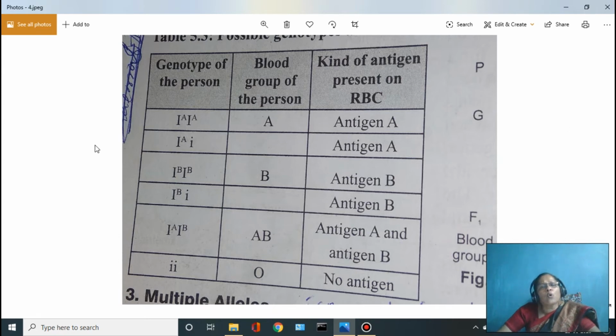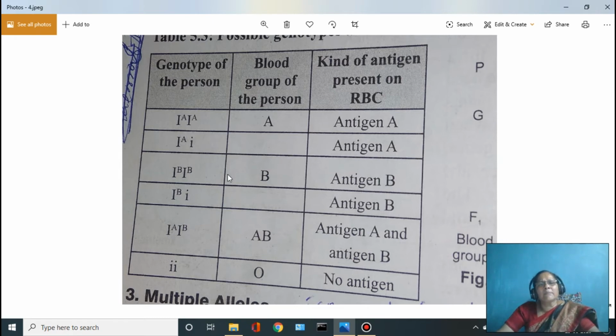A can have two forms, homozygous A and heterozygous A. In a homozygous A individual, both alleles are in the dominant form, IA, and they have antigen A on the plasma membrane of the RBC, while the plasma contains antibody B. In the homozygous case, both alleles are the same form, whereas in the heterozygous, one allele is the dominant A and the other is the recessive allele i. That is heterozygous A.